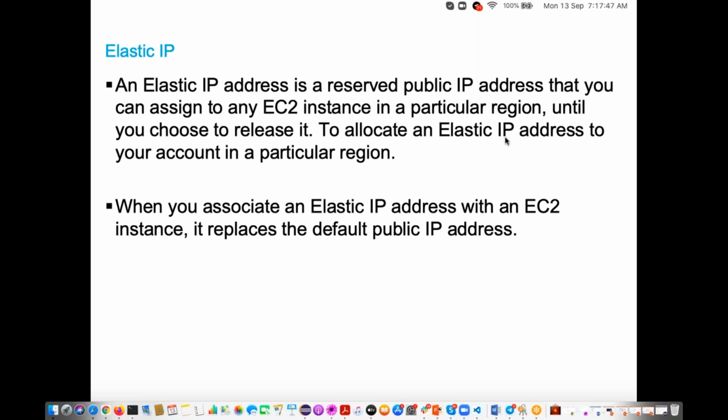To allocate an elastic IP address to your account in a particular region, right? Whatever elastic IP you create is usable in that region only. When you associate an elastic IP address with an EC2 instance, it will replace the public IP address.